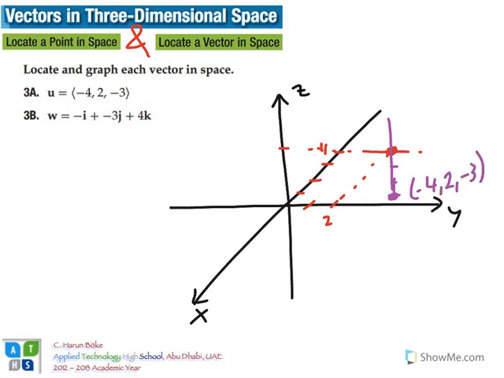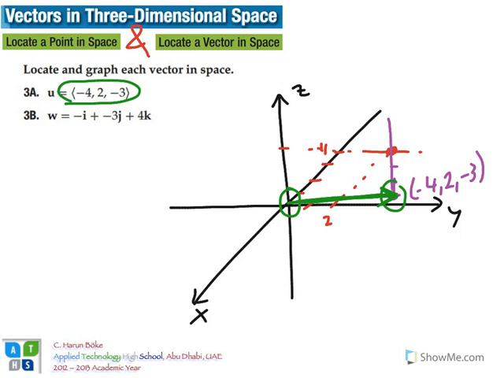Now I'm going to draw my vector from the origin to the point I located, because component form means your vector has the initial point on the origin, and the terminal point on the point located. So this is how we are going to locate vectors.